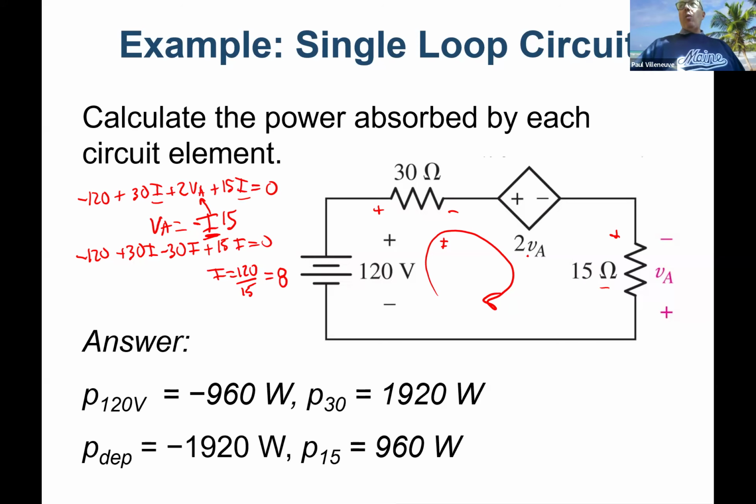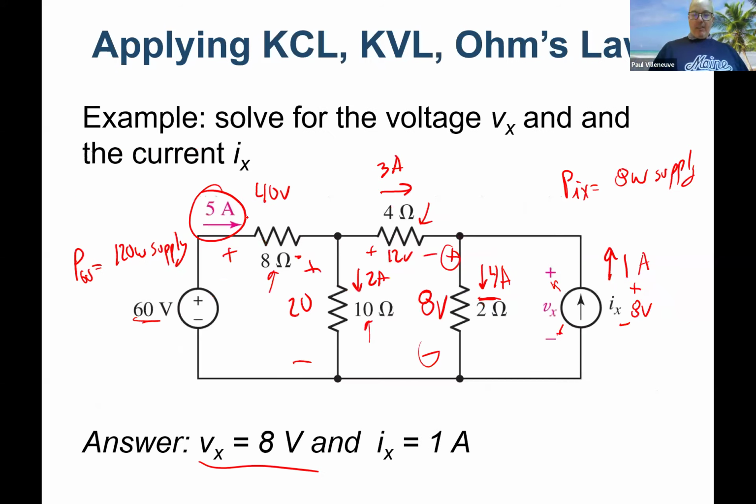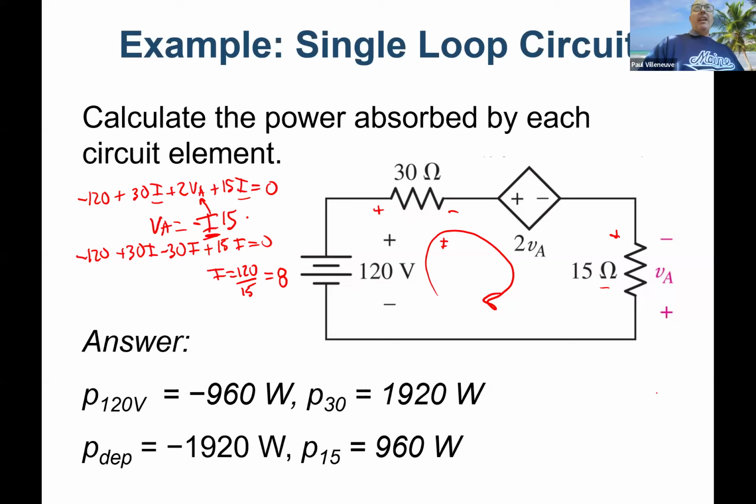This VA, I don't know what that is yet, so I'm going to go ahead and calculate the VA that I have over there. So VA is equal to negative 15I, which is equal to negative 120. So the voltage that I have over here, plus to minus, is a minus 240. So it's actually the actual voltage is plus to minus 240 like that.